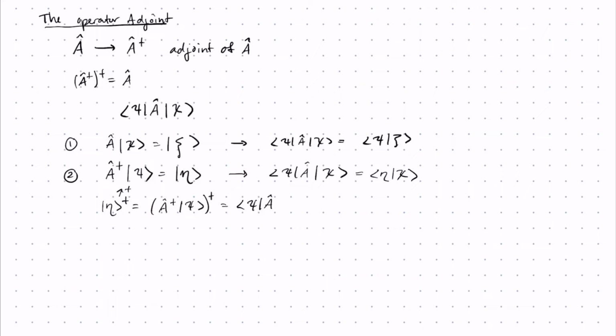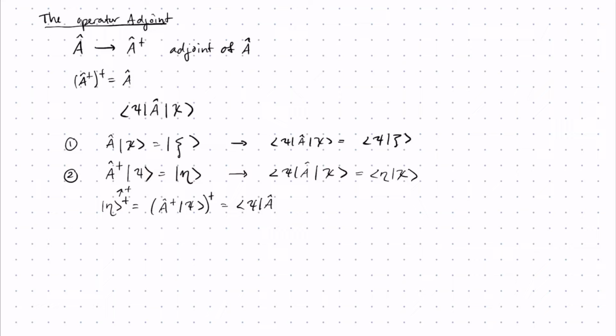The way to think about this is that all operators should always act to the right, but the adjoint is a special version of the operator that allows you to act it to the left. So this is some advice.